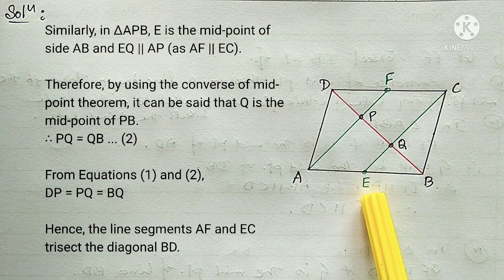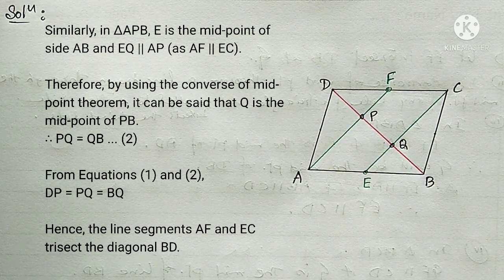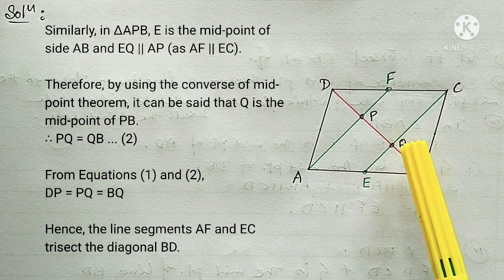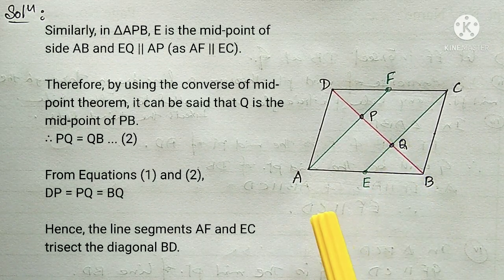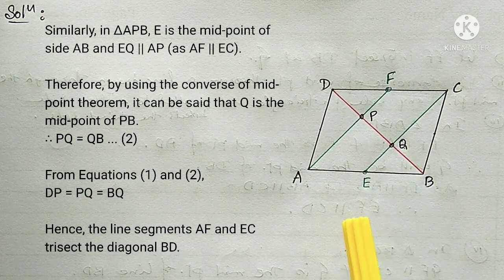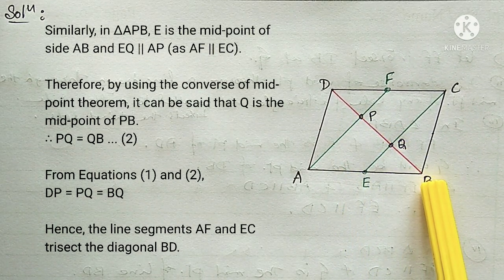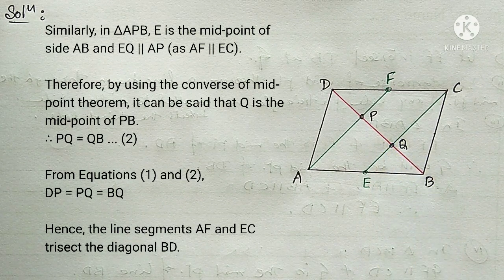If E is the midpoint and AP is parallel to EQ, then by the converse of the midpoint theorem, Q is also the midpoint. If Q is the midpoint, then in triangle APB, PQ length and QB length are equal. So PQ equals QB, and we put this as equation number 2.